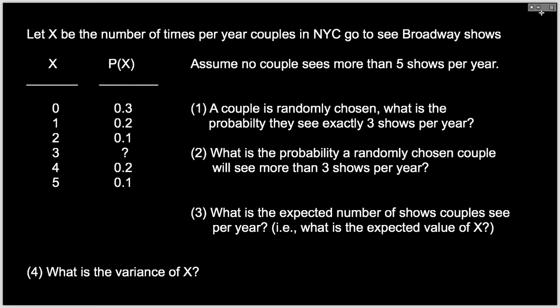So the first question says a couple is randomly chosen. What is the probability they see exactly 3 shows per year? So that would be this guy, but this guy's a question mark, right? So how do we find out what the question mark is? Well, we just take 1 and we subtract all of these guys that we have already, because we know the total is going to be 1.